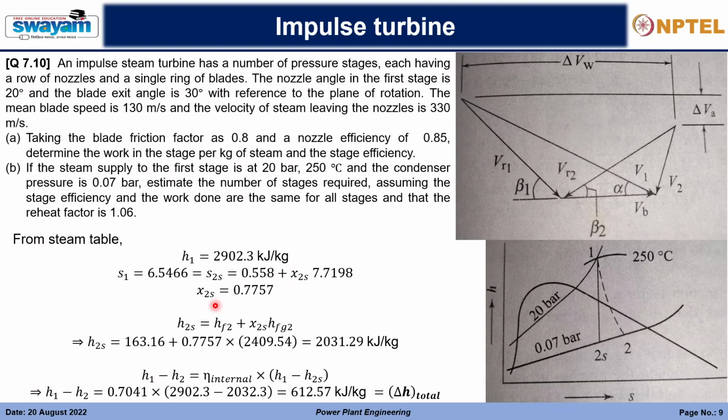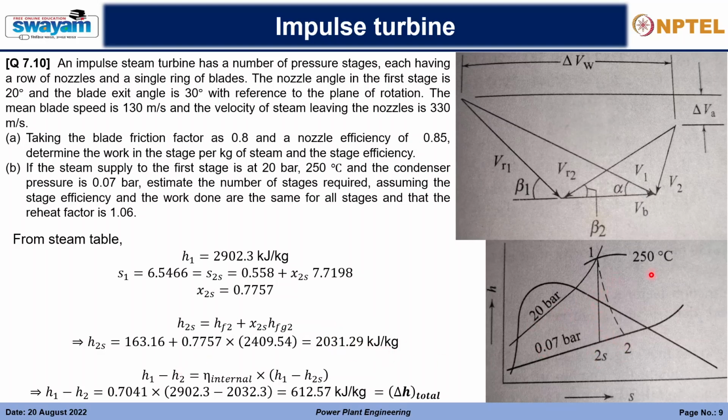Then we calculate the enthalpy at this particular point. By this formula we will get this much enthalpy. So the enthalpy is 2902 at point 1, and h2s, if it is an isentropic process, is 2031.29. But our process is not isentropic.